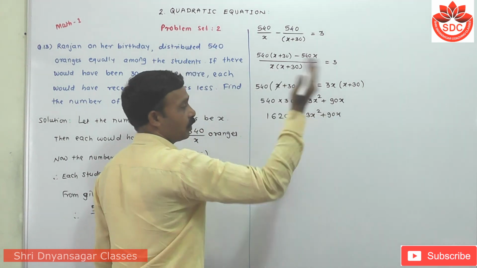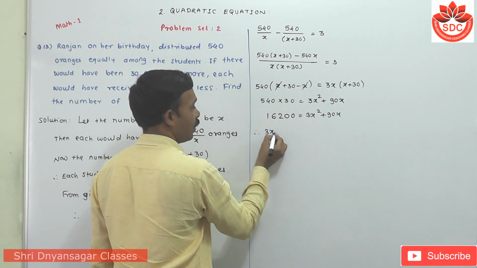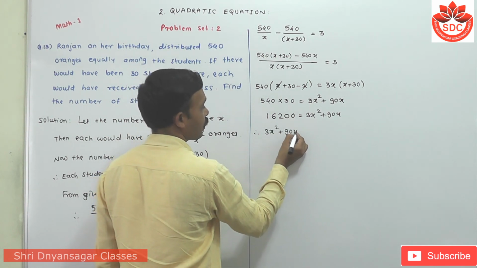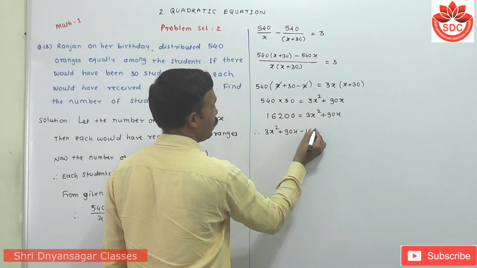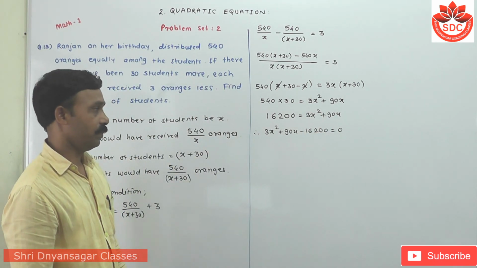Then I will transfer to the other side and 0 also write on the RHS, we get 3x square plus 90x minus 16,200 is equal to how much? 0.